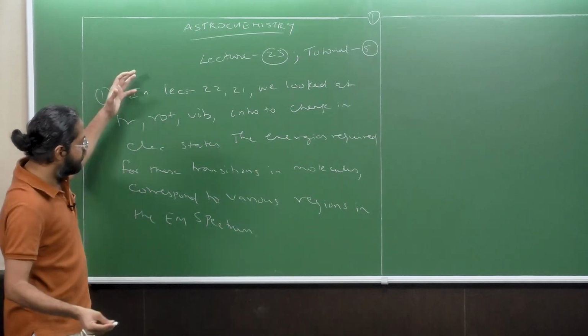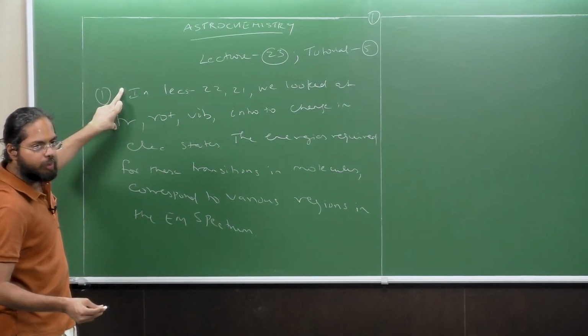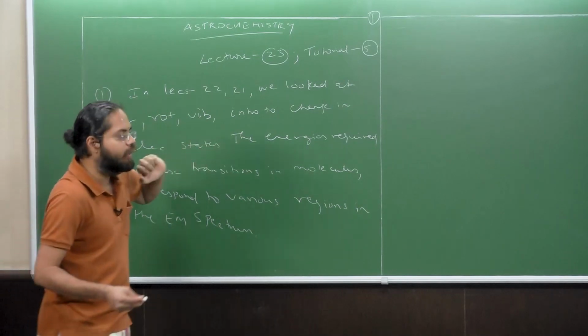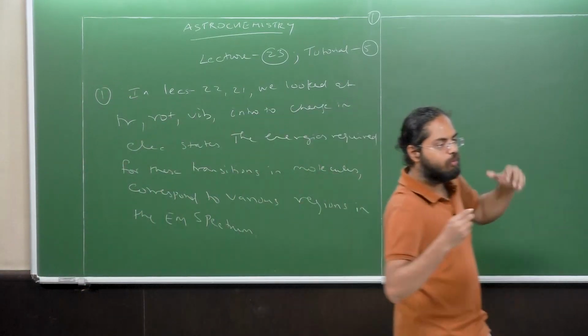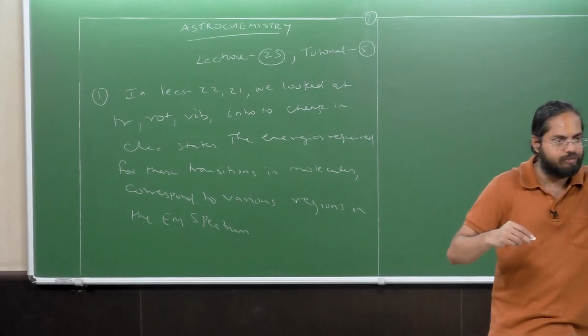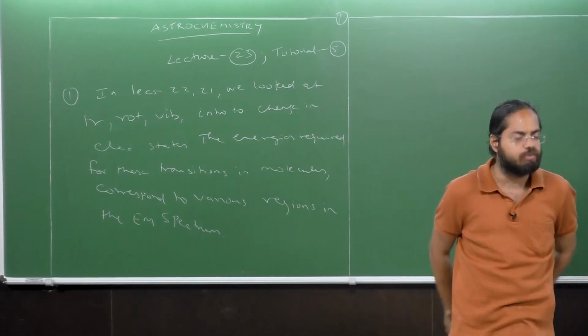So this is the statement. We looked into this, and I'm telling you that the energy required for molecular translation, rotation, vibration, etc., falls into some region of the electromagnetic spectrum.